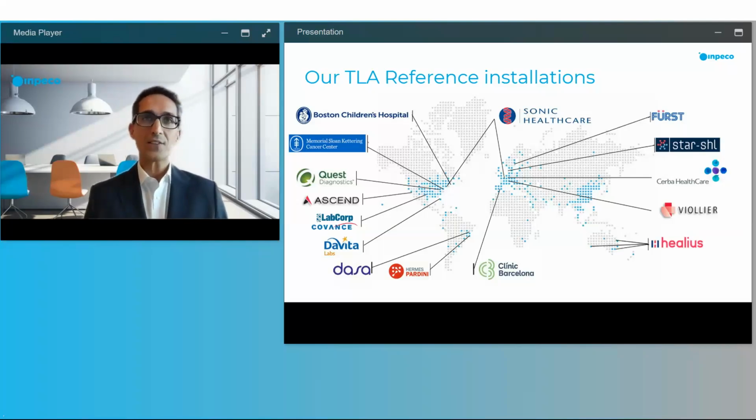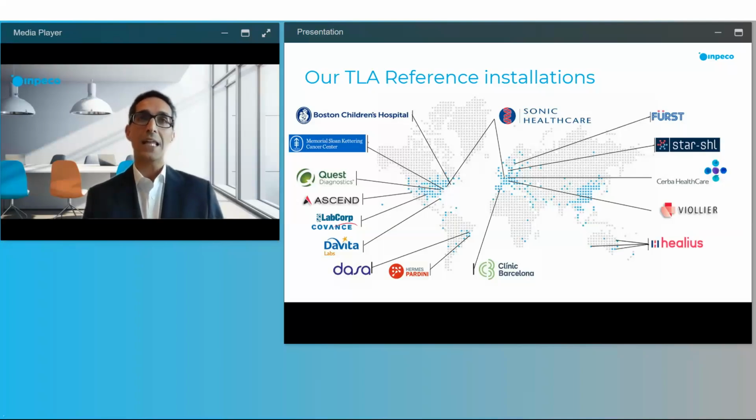But leaving now the US, I would just like to highlight 2 laboratories in South America, in Brazil, to be more specific, DASA and Hermes Pardini. These are also huge installations, not just because of size, but because of many different challenges. Actually, Hermes Pardini, who is now part of the Fleury group, holds the record of the longest, largest, and most productive automation to date.